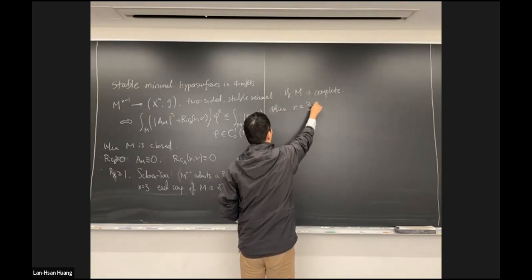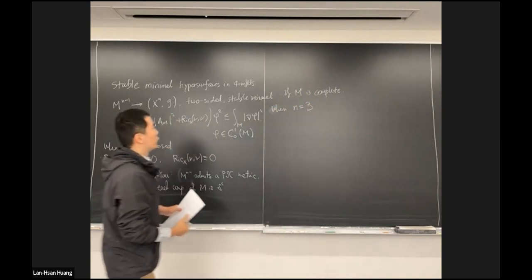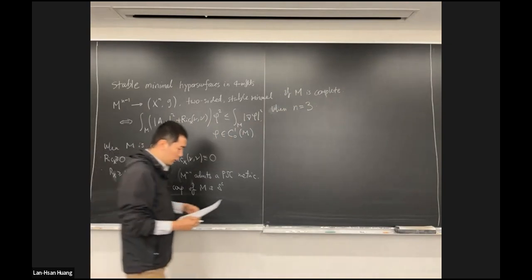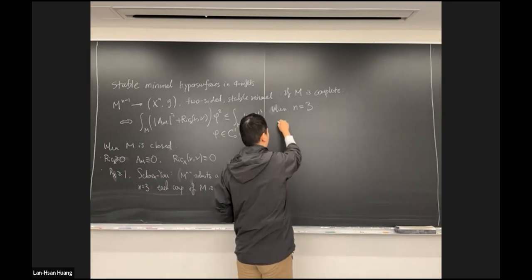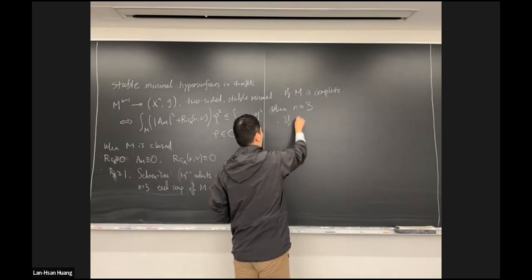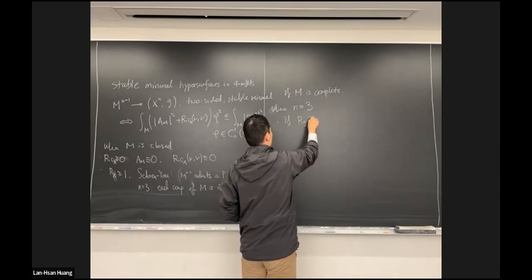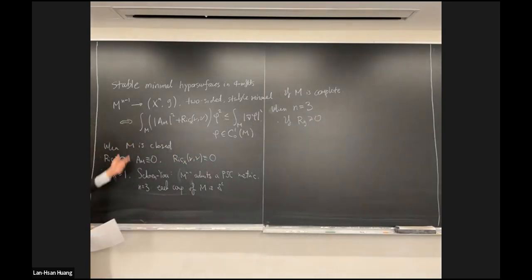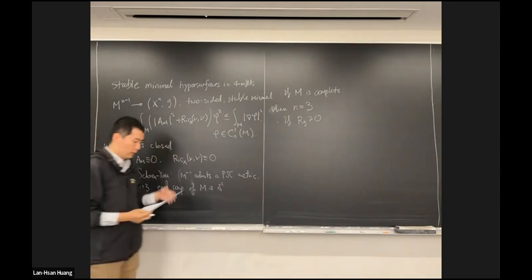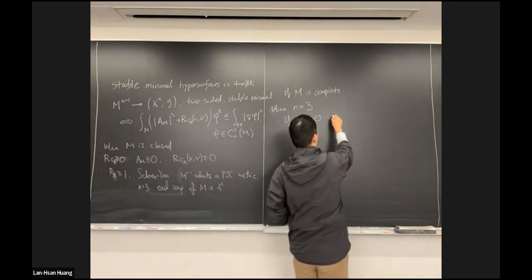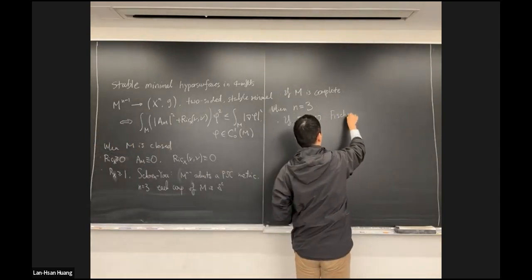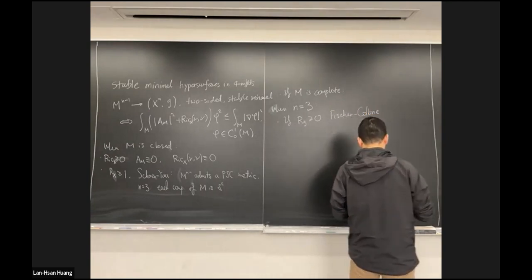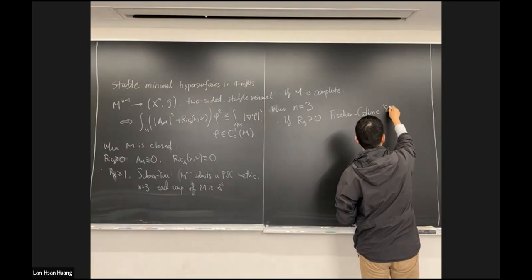When n equals 3 and you have a complete two-sided minimal immersion, then under various curvature conditions you have interesting consequences. For instance, if the ambient scalar curvature of X is non-negative, then Fischer-Colbrie proved that in the 80s, I guess.